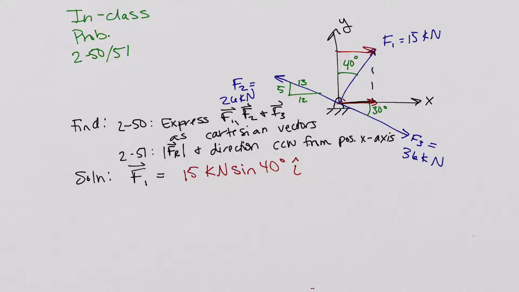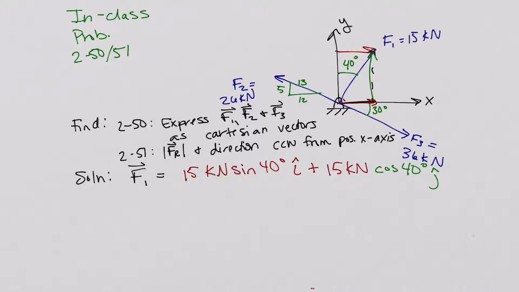And then for the y, it's also positive, 15 kilonewtons. For the y, we're actually interested in this one here. And so that would be cosine of 40 degrees, because that would give us the adjacent. And that's in the j direction. Sorry for the change in the ink color.